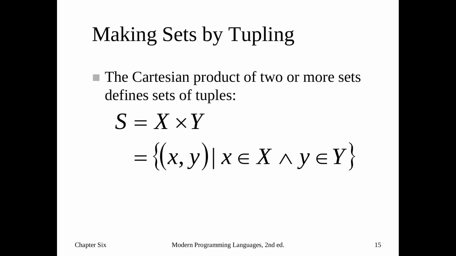Another way we can look at this is by constructing a tuple. We can construct sets through tupling, and essentially we can take the Cartesian product of two or more sets.